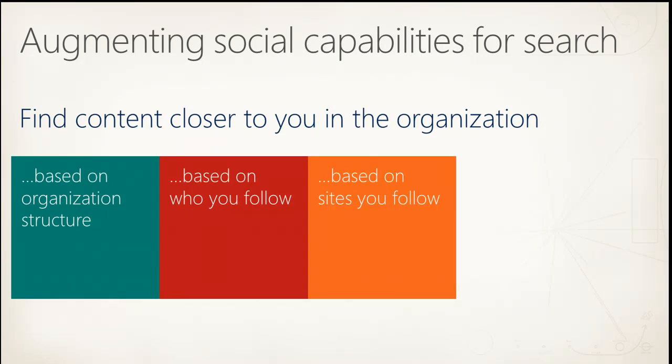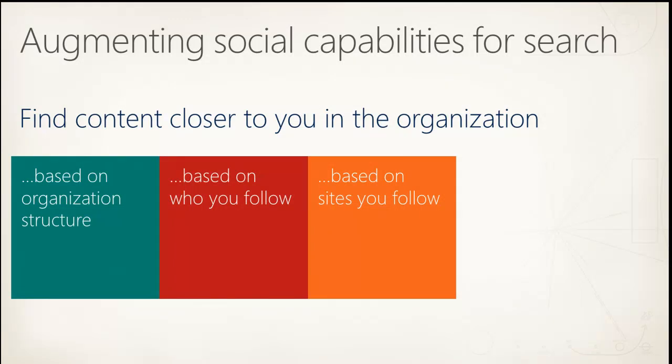The theory is that I will probably follow people I know produce good content, because I'm not going to follow them like I do on Twitter or Facebook, where you follow anyone. I'm going to follow people I know who create good stuff, because that's going to help me in my work. And same with sites. Some sites probably have more authoritative or relevant content for you, and I'm not going to follow all the sites.